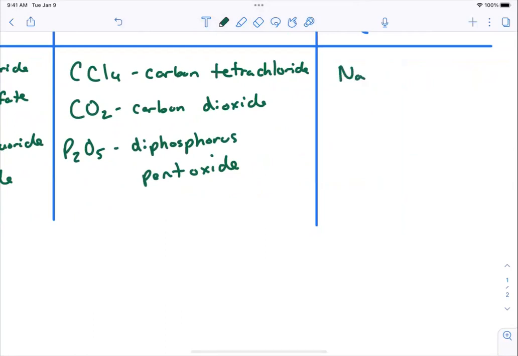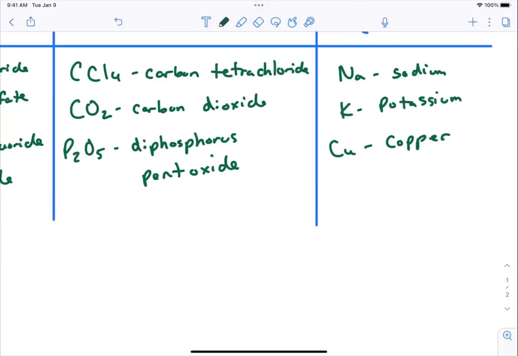Metals, that's very straightforward, right? You don't really name metals per se. Although the only thing I would say with this is that really be sure of your chemical symbols, right? There are a lot of chemical symbols that aren't necessarily intuitive.